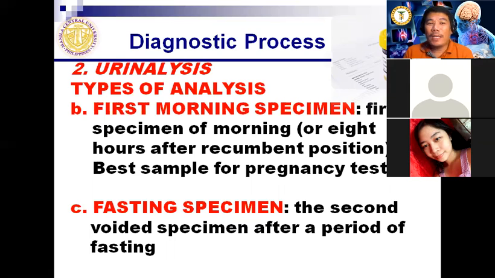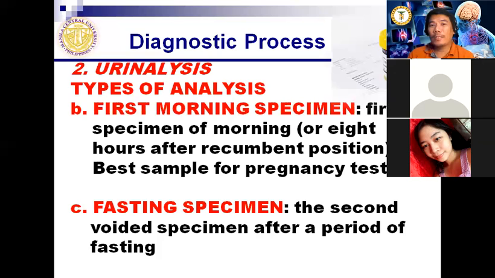So after 8 hours of giving instruction on recumbent position, then the specimen will be collected, and that is the first morning specimen. Next, the fasting specimen is the second voided specimen after a period of fasting.